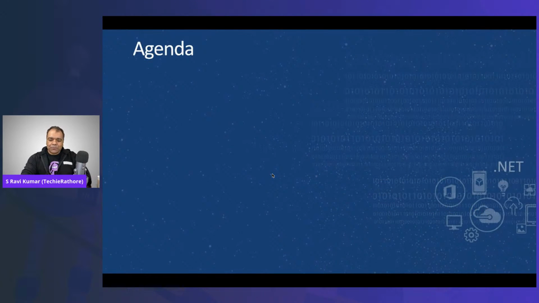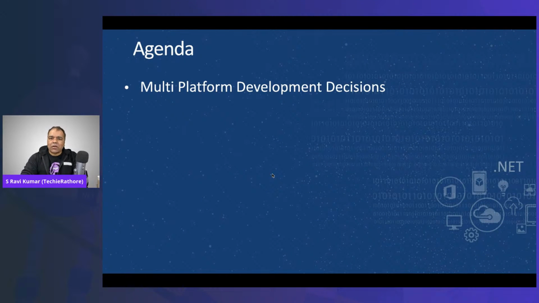The agenda will be, we'll talk about multi-platform development. Whenever we have to develop an application for different types of desktops and web, when we are talking about web development, we know that we have to host it on some server. But when we talk about desktop development, we have to think about what kind of OS we have to support.